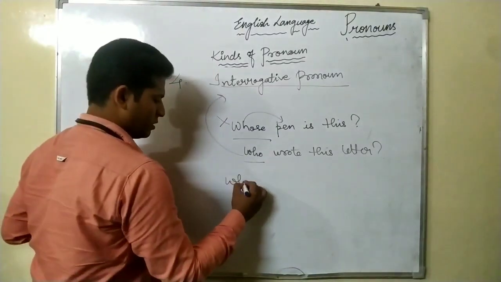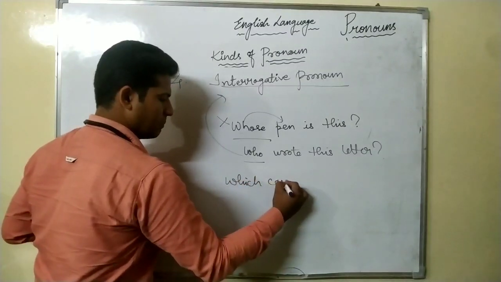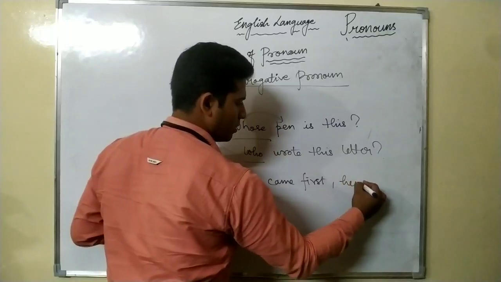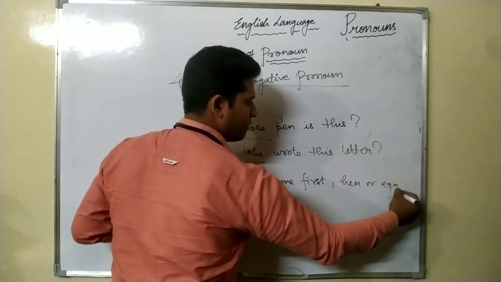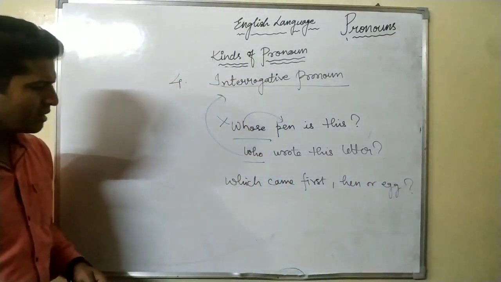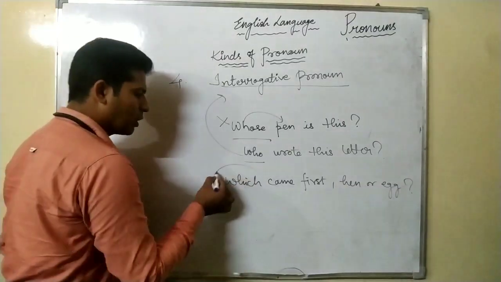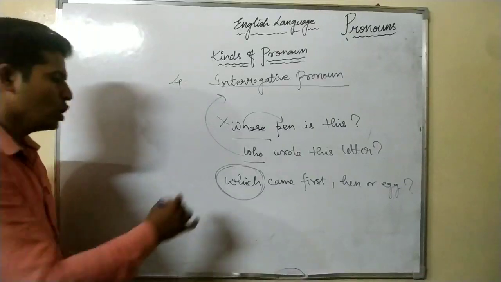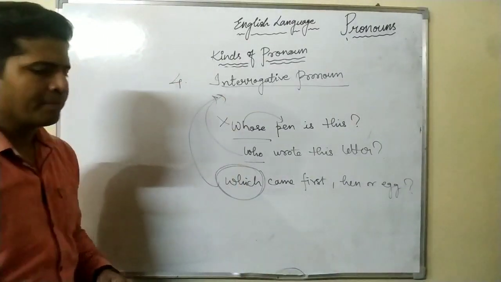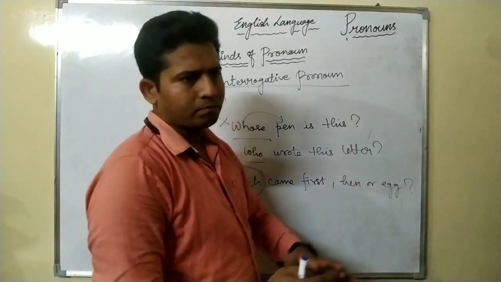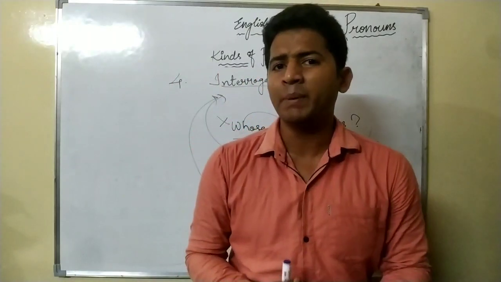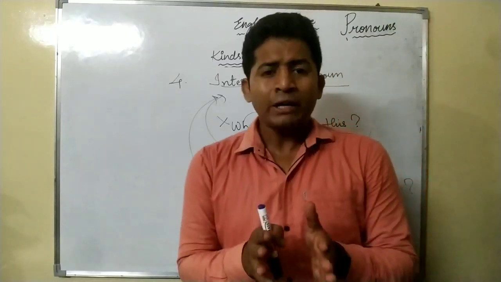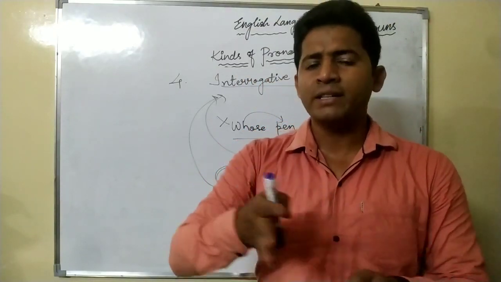You can say another sentence: hen or egg, which came first? We have an interrogative sentence. Here, which is not coming along with a noun, it is replacing a noun and its job is to ask a question. So this will become an interrogative pronoun. So my dear students, the most important thing to keep in mind when you're talking about kinds of pronoun is to see kinds of pronoun and adjective together.